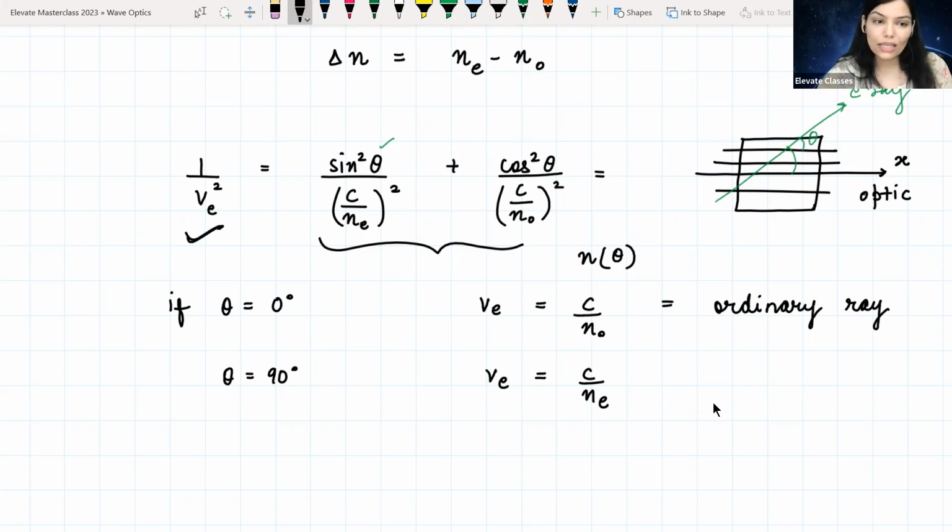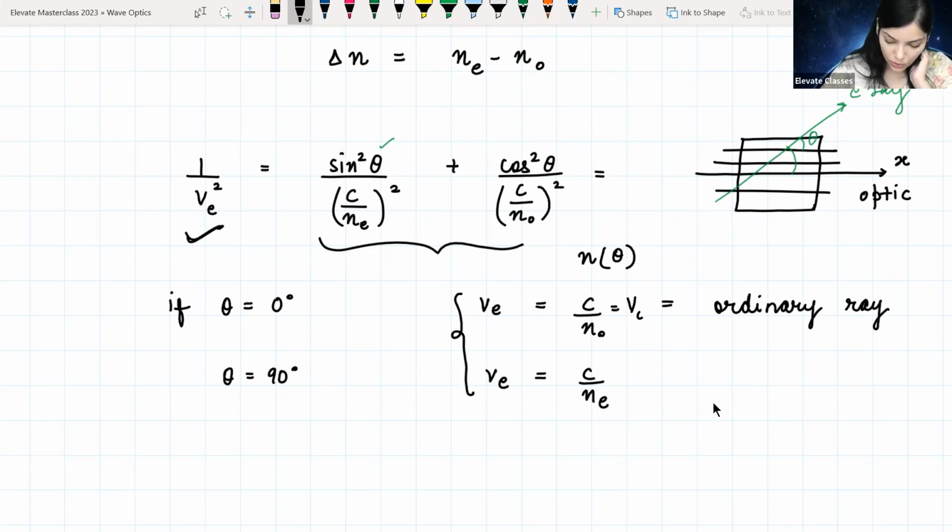So effectively, VE has seen some refractive index which is different from NE, which is different from N0, but it is coming from this relationship. That is why we say that depending on different theta, the extraordinary wave experiences a different value of refractive index. And these are the two extreme values. So what did we write for this?